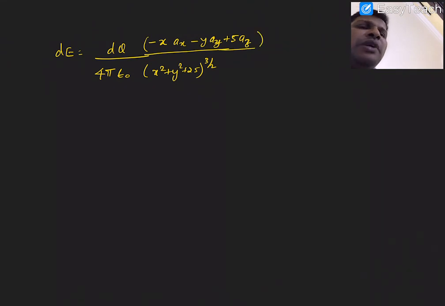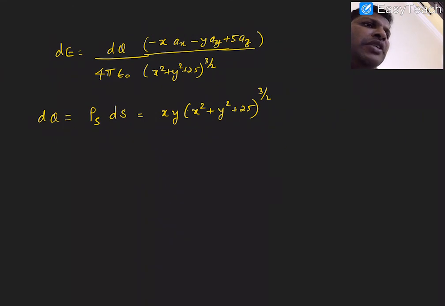Okay, but you know that dq is given as the charge density multiplied with the surface area. Which is equal to, the charge density is already given, xy into x square plus y square plus 25 whole power 3 by 2. This is multiplied with the area.